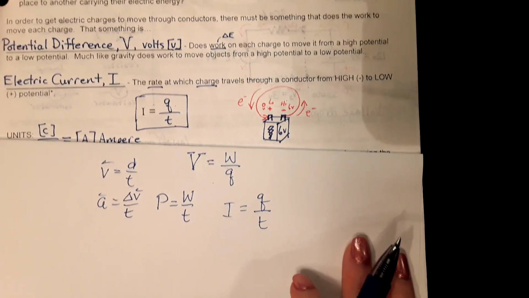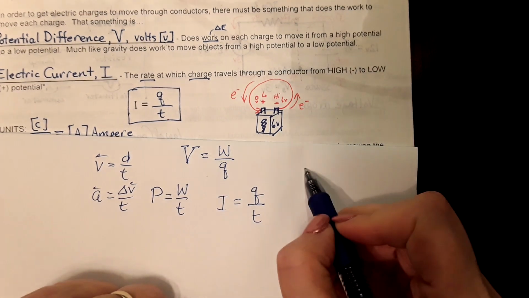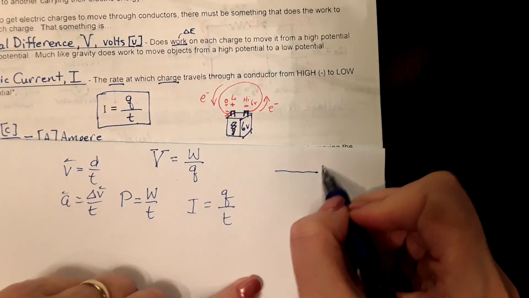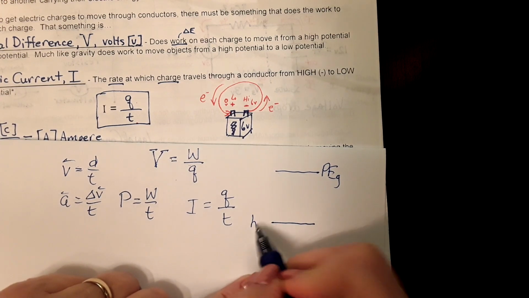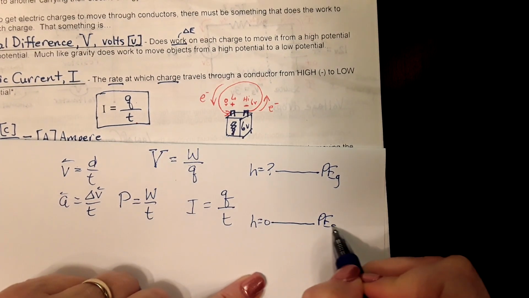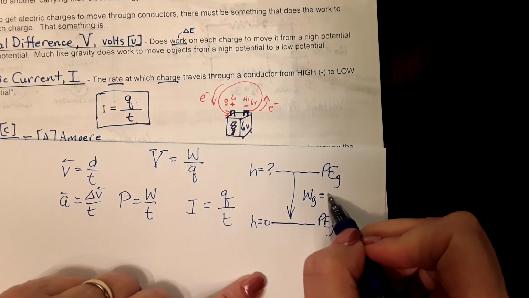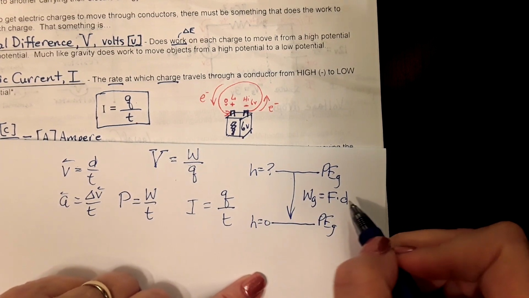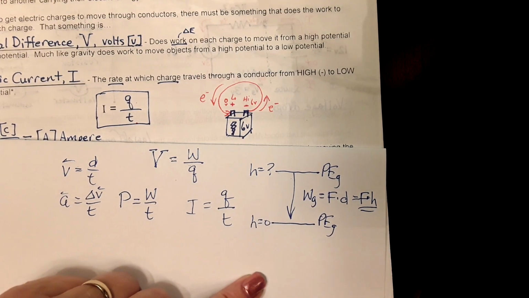Now, when the charge travels, just like objects, when they fall, when gravity does work on them to take them from a high gravitational potential energy to an area of low gravitational potential energy, gravity does work. Work done by gravity is the force acting over the displacement, which is the height, okay?